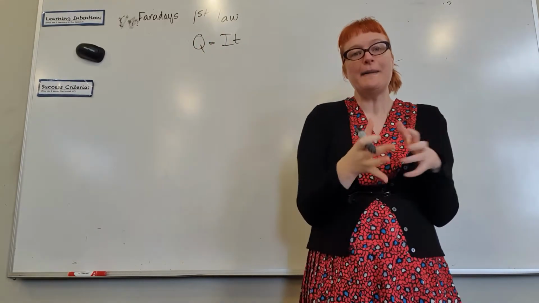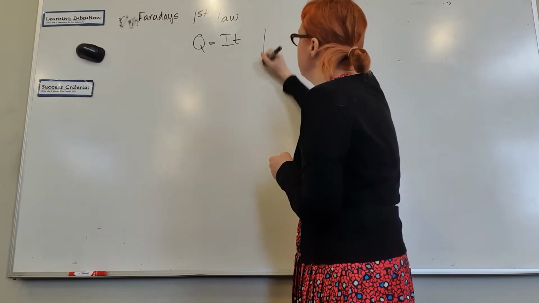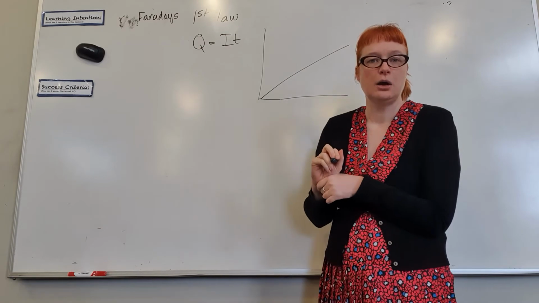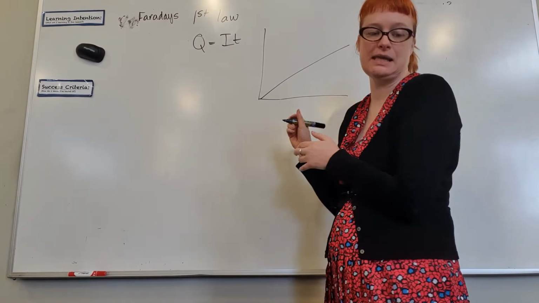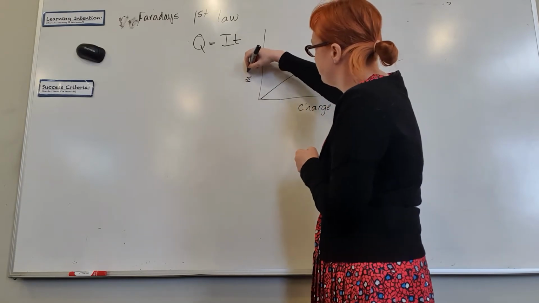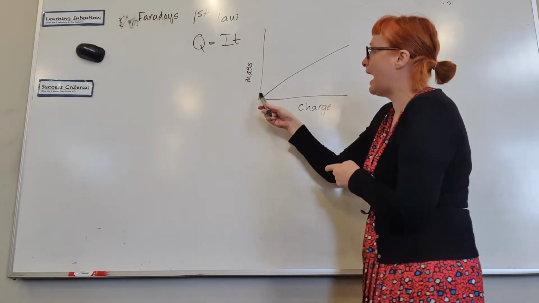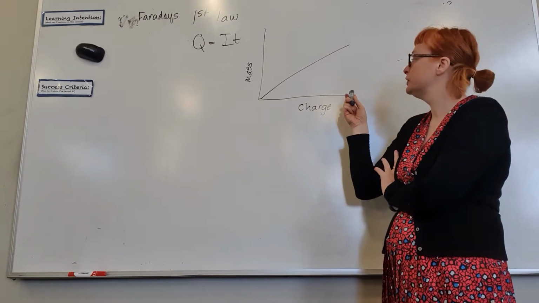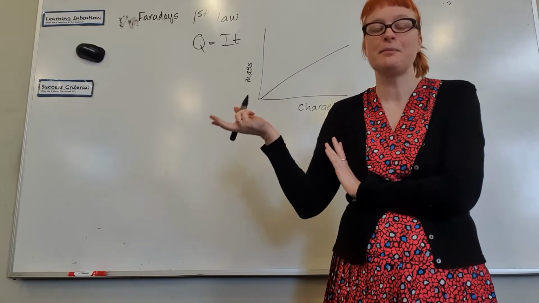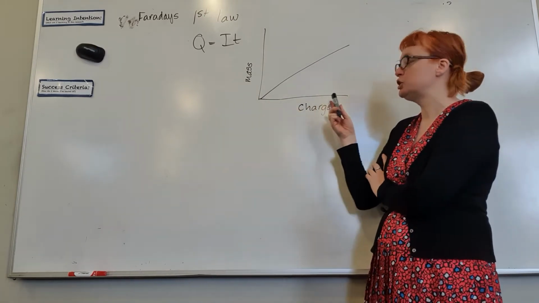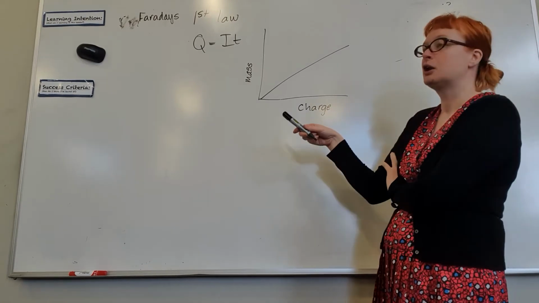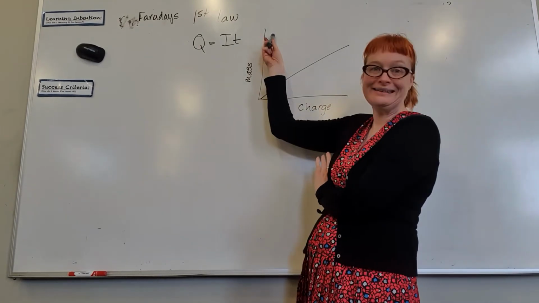And what that means is that we can end up with this kind of graph. As we increase the charge we put in, thinking back to our spoon, so the amount of electrons going into our system, the mass is going to increase.